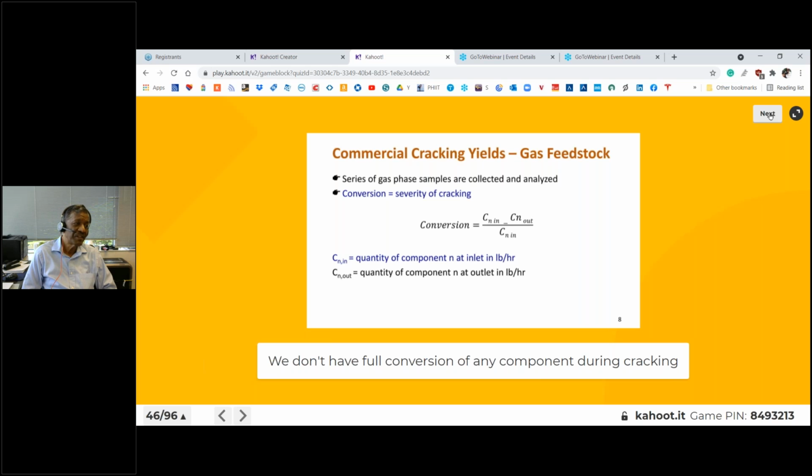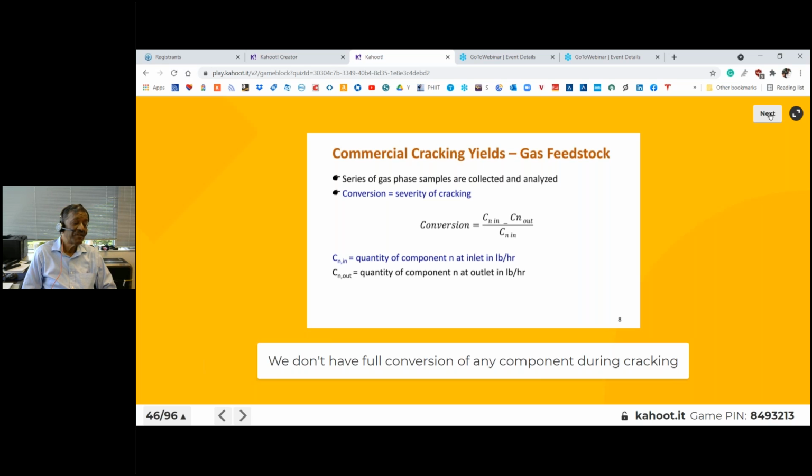How much of my feedstock got converted into the products? So I take the feedstock concentration minus whatever is not converted, divided by whatever I fed. If I'm putting in 100 kgs of ethane, how much ethane is being left out in the process? That gives us the conversion.